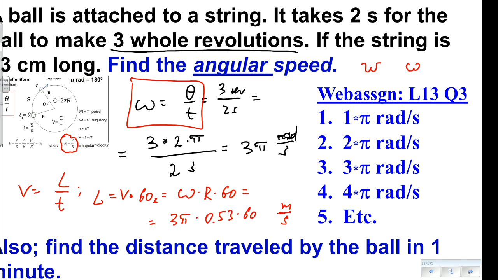Otherwise, degrees would remain a part of a unit, and centimeters or meters, and seconds, a weird combination. So when we use relationships which connect linear variables like speed and angular variables like angular speed, we have to use the international system of units. The international system of units requires using radians.